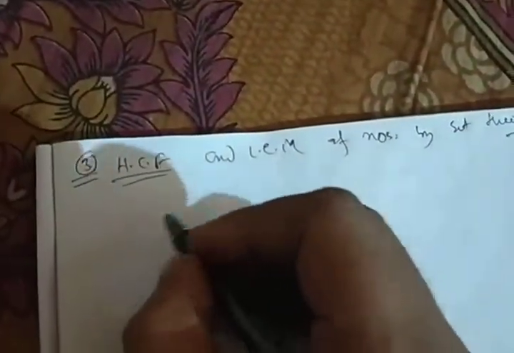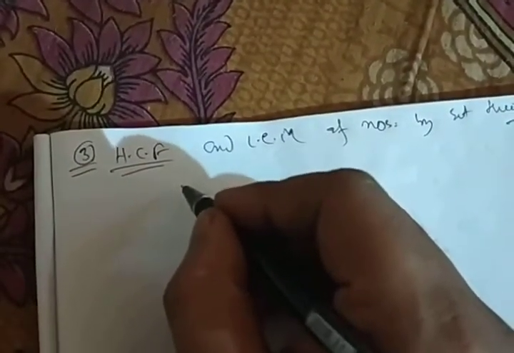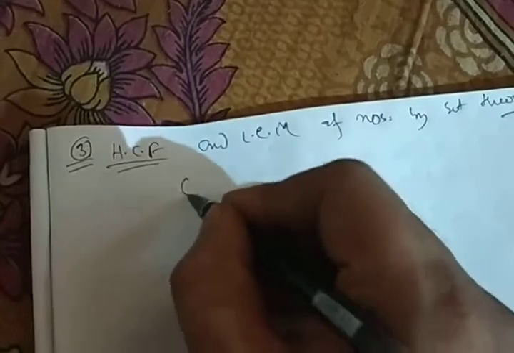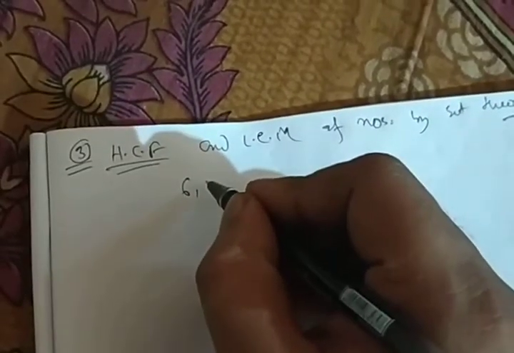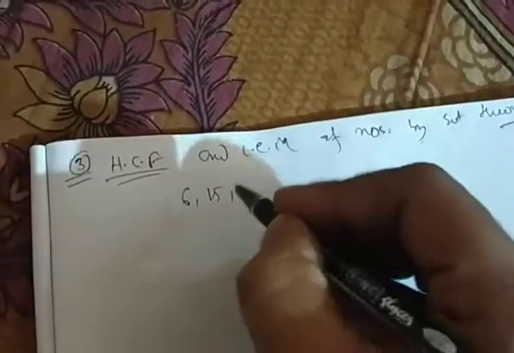Okay, if there are given some numbers, let's see, 6, 15 and 21.